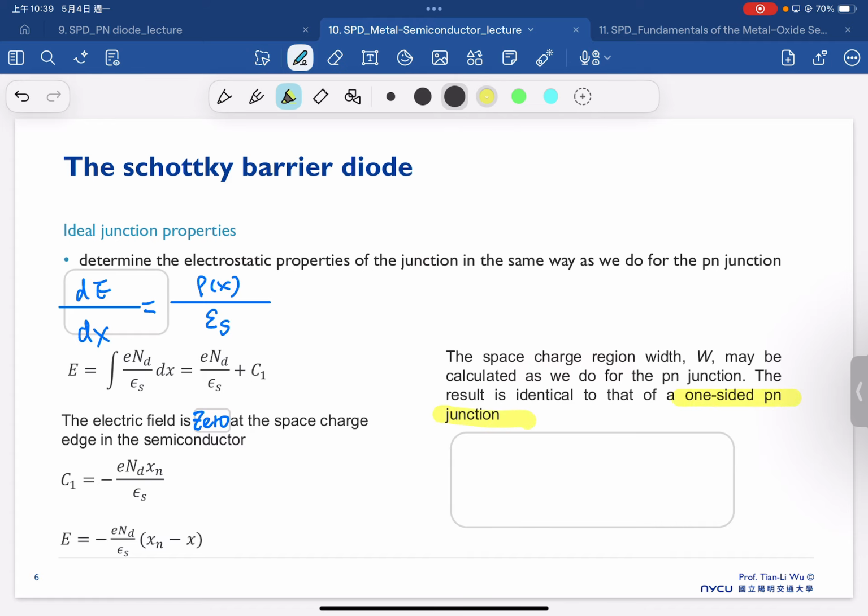PN junction. In the previous case, we talked about a special case called the one-sided PN junction.